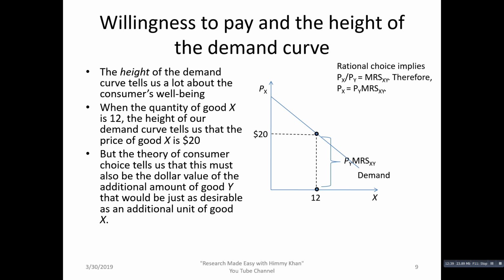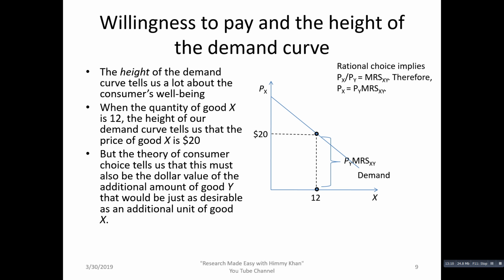But the theory of consumer choice tells us that this amount must also be the dollar value of the additional amount of good Y that would be just as desirable as an additional unit of good X. So rational choice implies that the price ratio must be equal to the marginal rate of substitution of X for Y. Therefore, Px will be equal to the price of Y times the marginal rate of substitution.